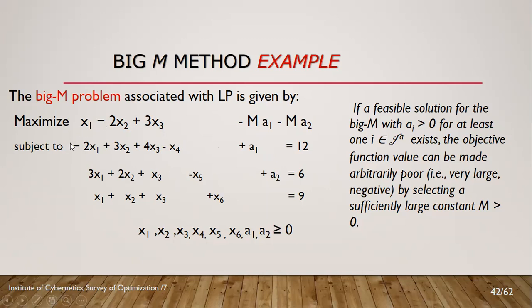Then we have 2, -3, -4, 1, 0, 0, 1, 0, 12. Then we have -3, -2, -1, 0, 1, 0, 0, 1, 6, and -1, 1, 1, 0, 1, 0, 0, 0, 9. So that is actually the initial one.